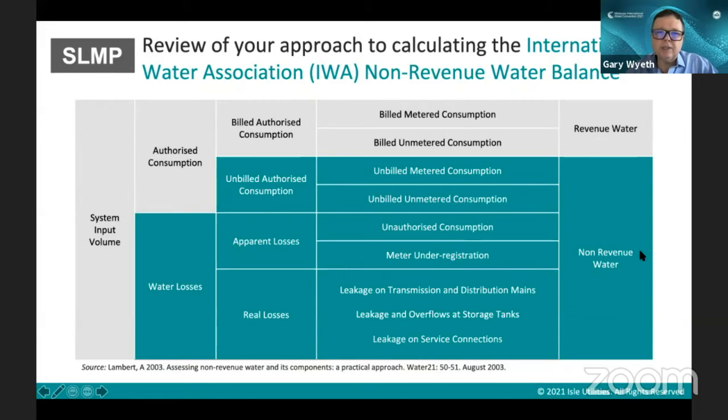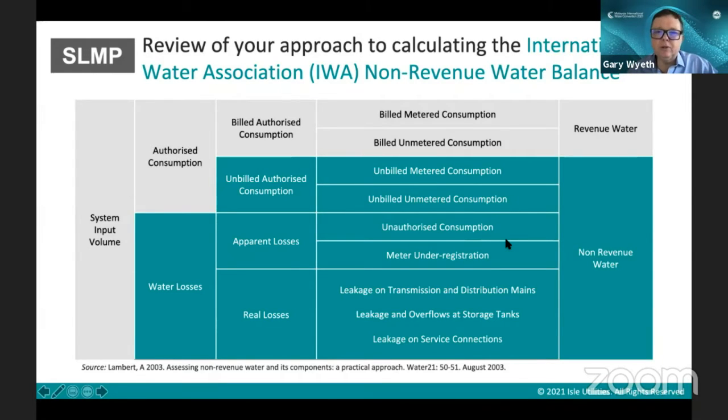But not just that, it actually breaks down the different components of non-revenue water. This is key because as a utility, you need to understand what all of these components are so that you can identify which ones have the biggest non-revenue water volume, and thus which ones will give you the biggest payback.